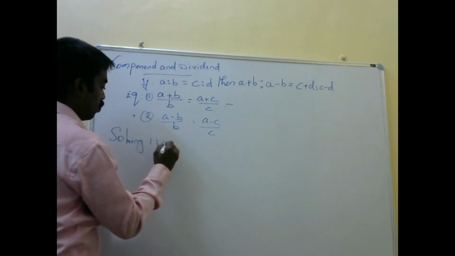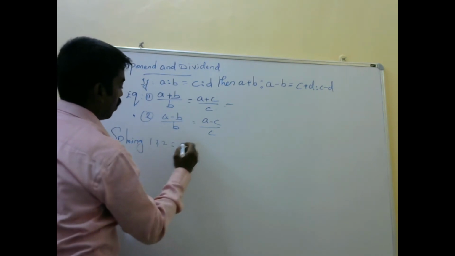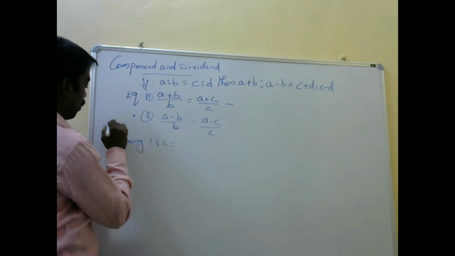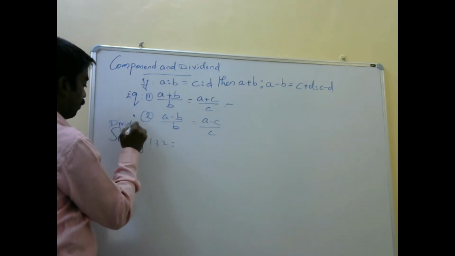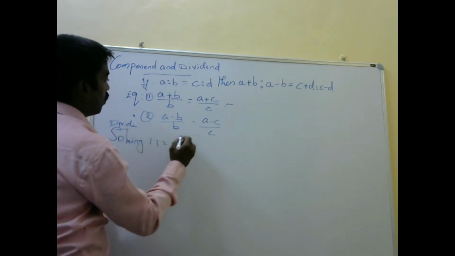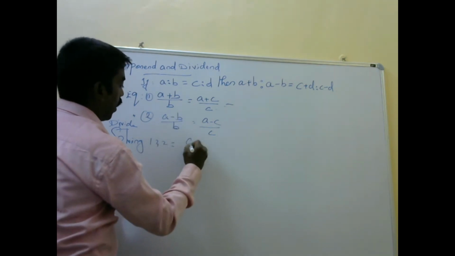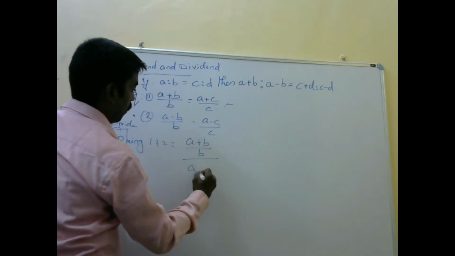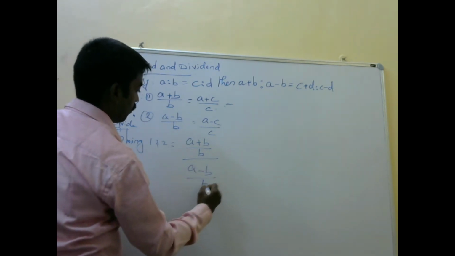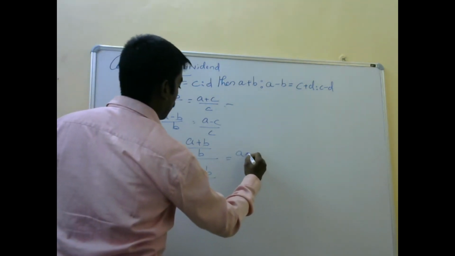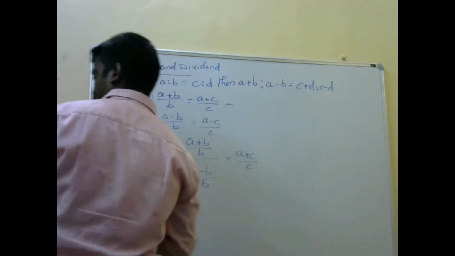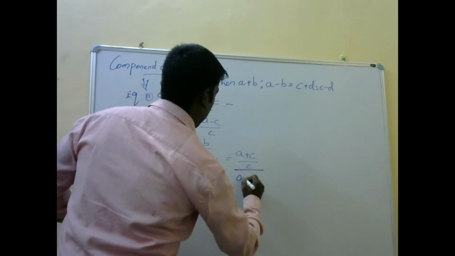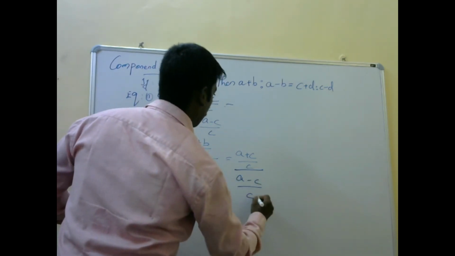So we can solve it by dividing 1 by 2. A plus B divided by B, divided by A minus B divided by B, is equal to C plus D divided by D, divided by C minus D divided by D.